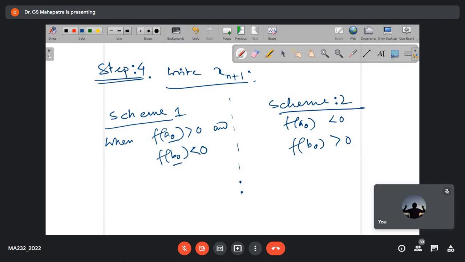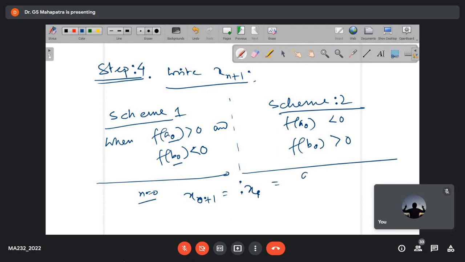So you just see, the new one is actually the new x1. Say n equals 0. What is x0 plus 1? That means x1, it is a naught plus b naught by 2. Either this should satisfy scheme 1 or scheme 2, any one.